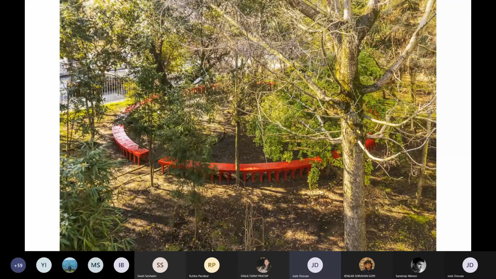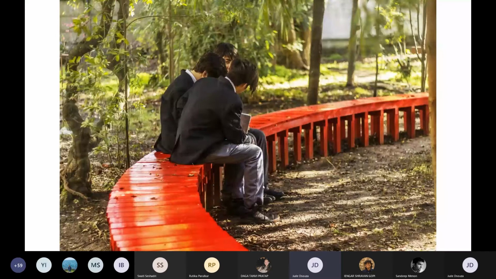There's a school nearby, so kids come after school, during school, and this becomes a place for people to come together. So just a simple intervention, and that's it. That's the intervention in this project.